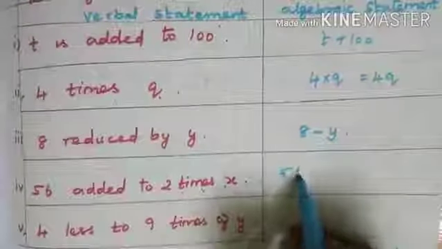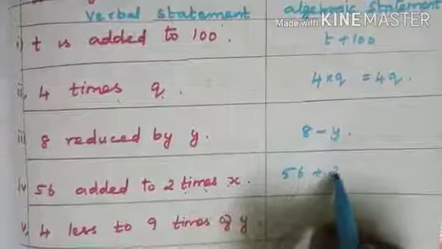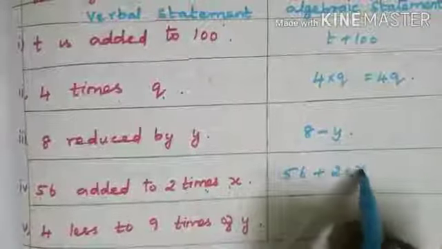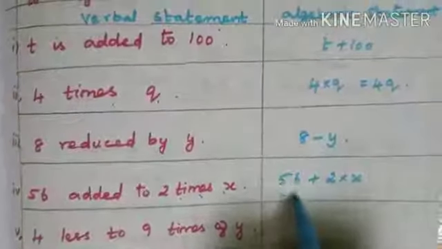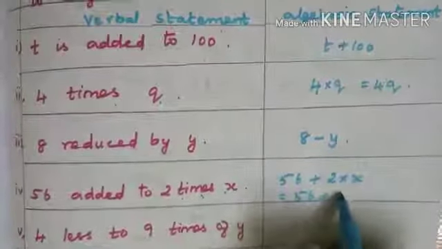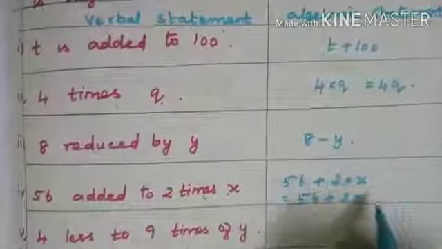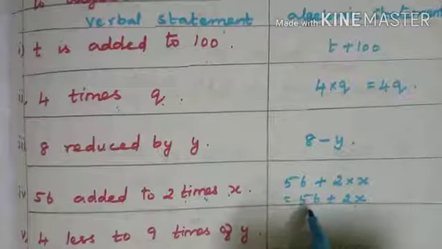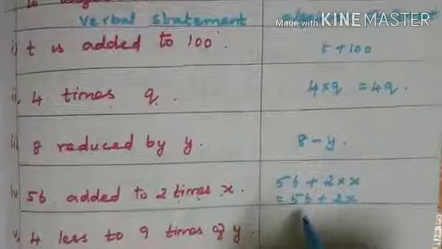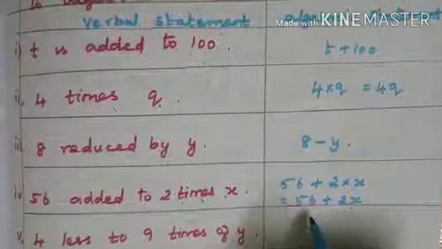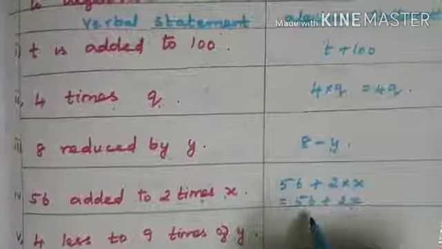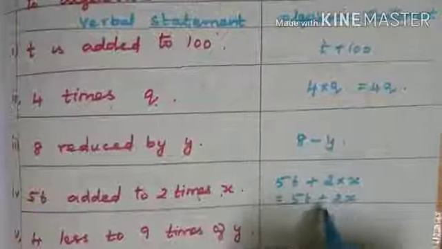So 56 added to 2 times x, you can write 56 plus 2x, or you can write 2x plus 56. For addition, if you are changing the order, the answer won't change. So we can write 2x plus 56.